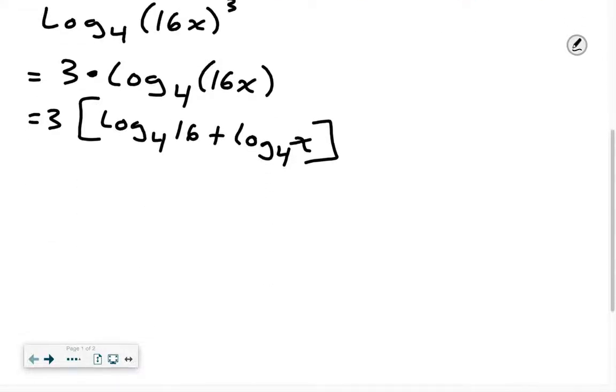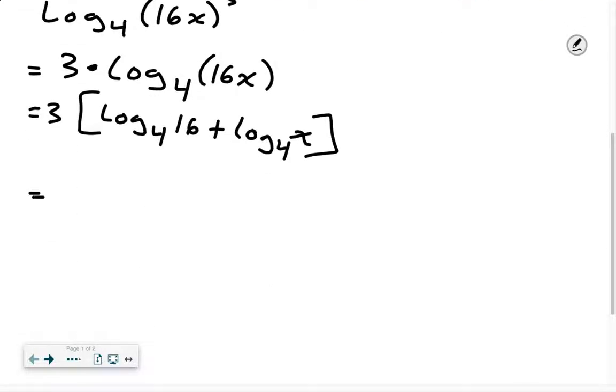At this point I'm going to combine a couple of steps. Can't plug this into our calculator unless we have the Casio, so we actually want to do the change of base formula here. So let's back up. Change of base formula states that the log base 4 of 16 is equivalent to log of 16 divided by the log of 4.